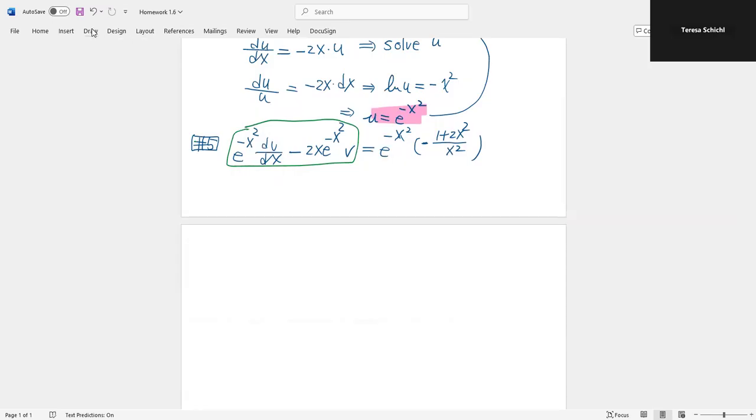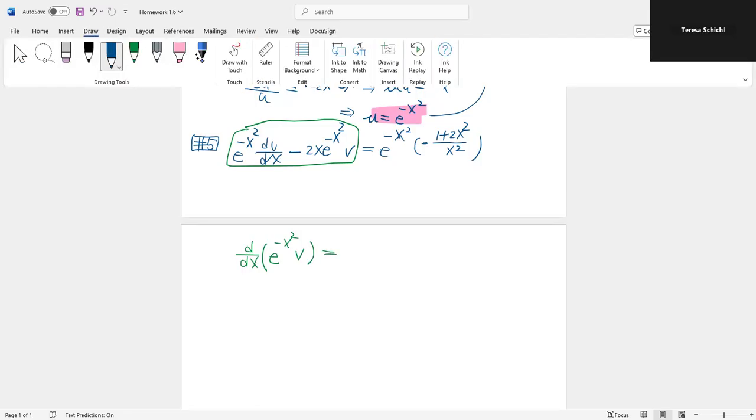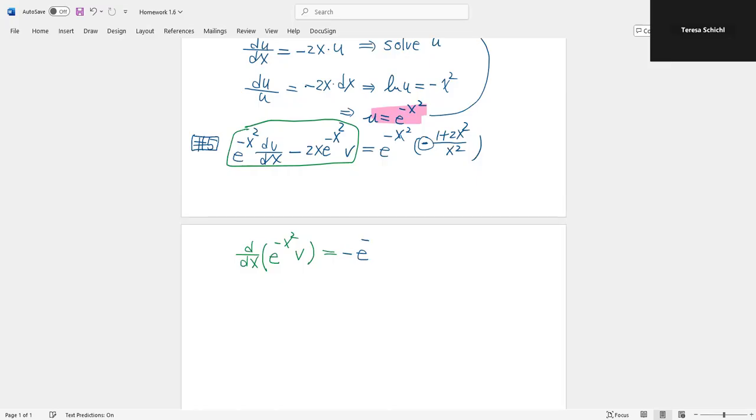Like before, we can rewrite this as the derivative of a product, by the product rule. This is e to the negative x squared dv/dx, and this is the derivative of e to the negative x squared, so this is the derivative of e to the negative x squared v, and it is equal to, I move the negative in front, negative e to the negative x squared times 1 plus 2x squared.